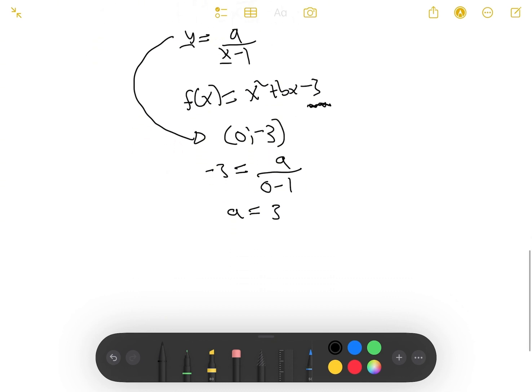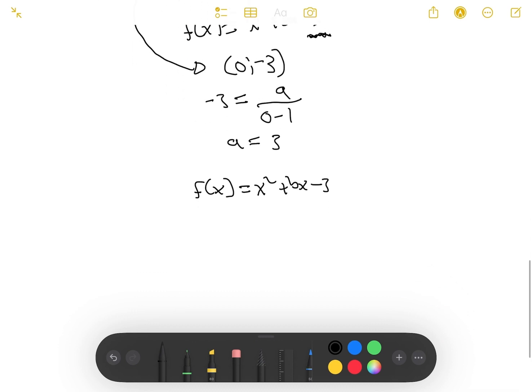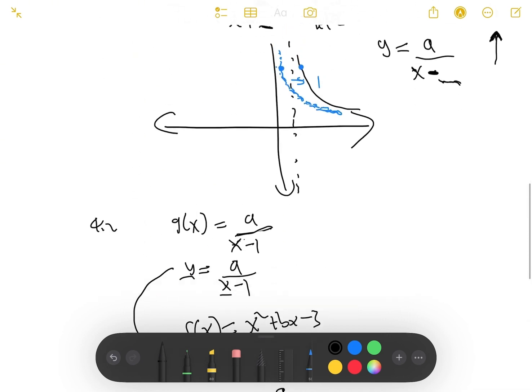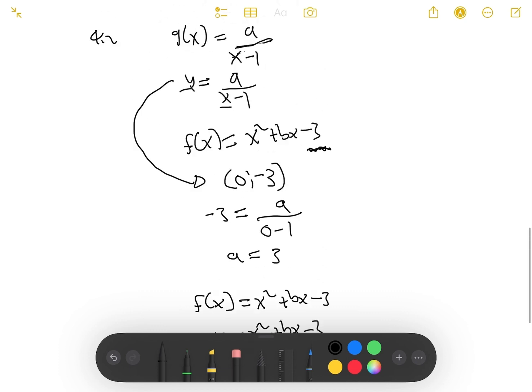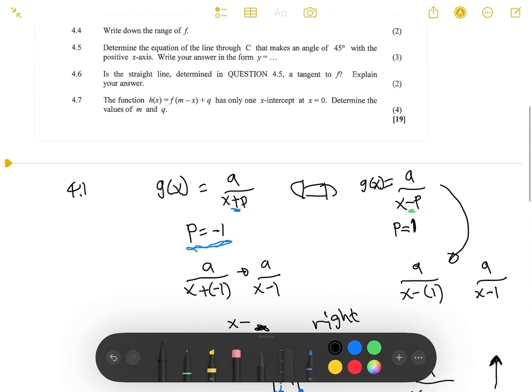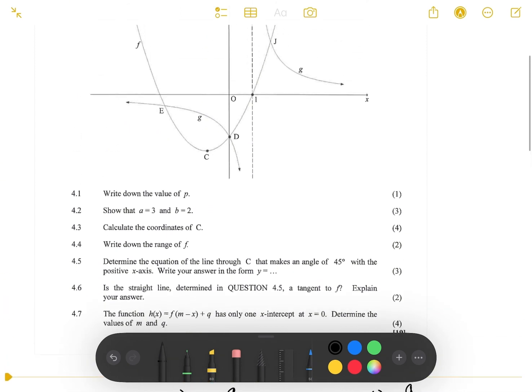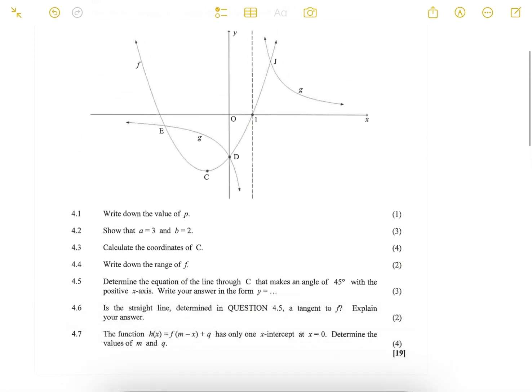And then how about b? We're given f of x equals x squared plus bx minus 3. From this we can substitute. How many points do we have that we can substitute? Since we want b, we can substitute for x and y. We have a point at D, and so do we have a point at the asymptote, the vertical asymptote at 1.